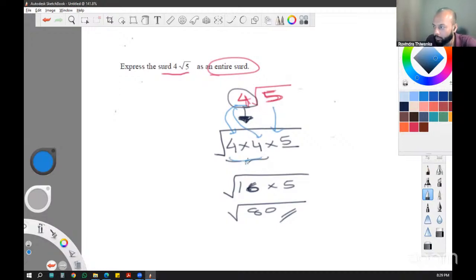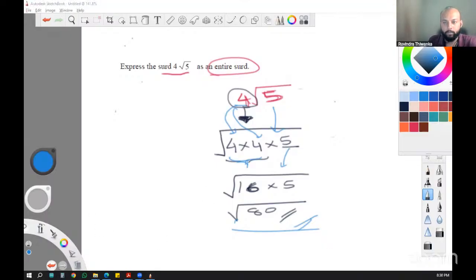Then you are getting 16 or whatever the number is, and then you multiply and get the entire surd value. You can copy this down.